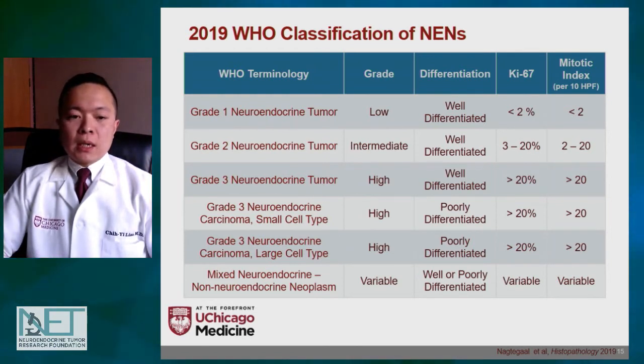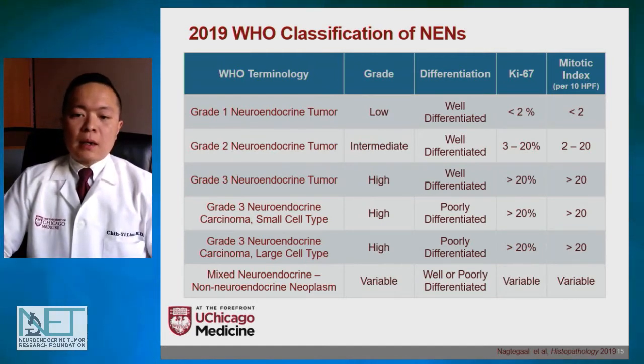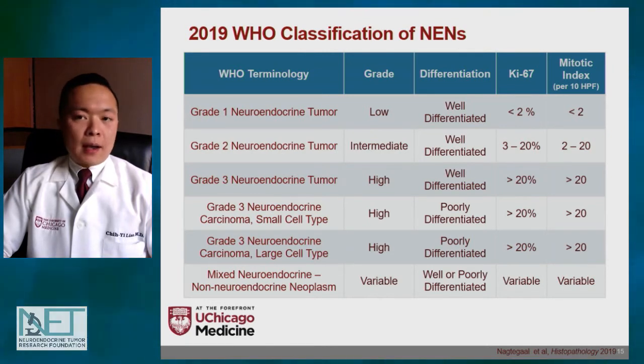In the middle, there is an entity called grade 3 well-differentiated neuroendocrine tumors, which means that the cells morphologically don't look aggressive, however, they are proliferative. On the other hand, all poorly differentiated neuroendocrine tumors are high grade or grade 3.